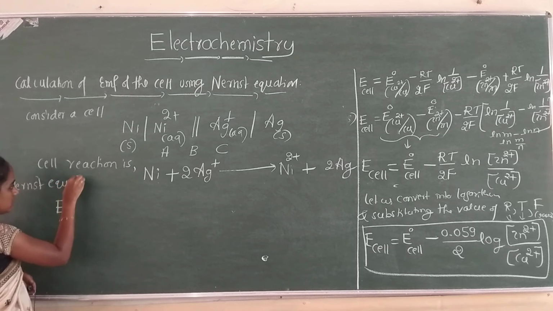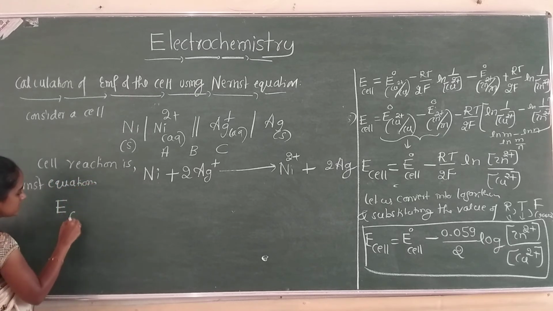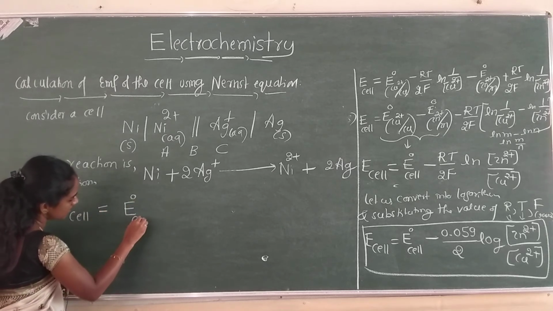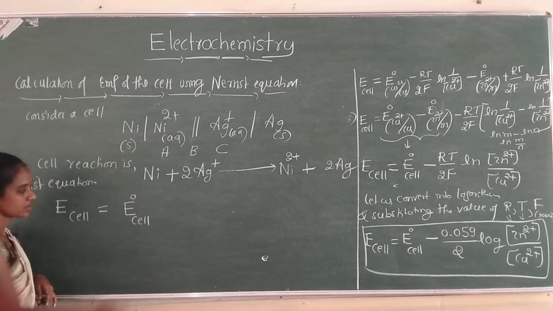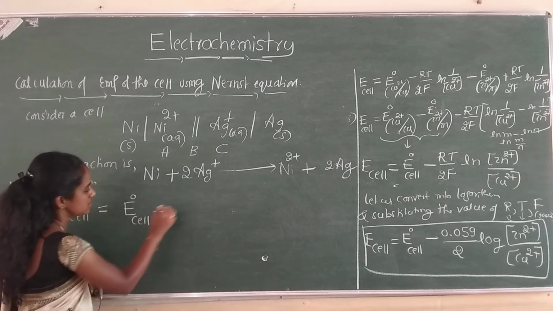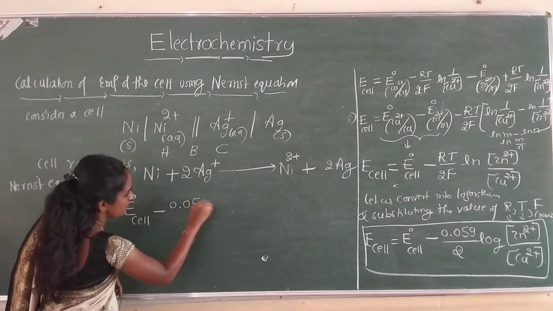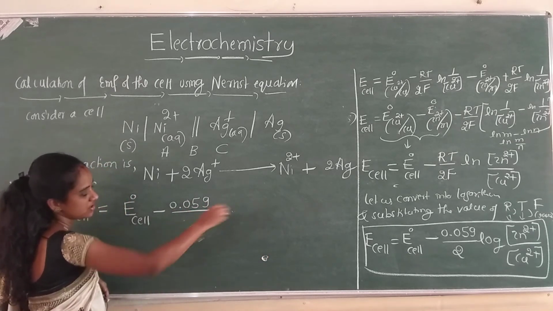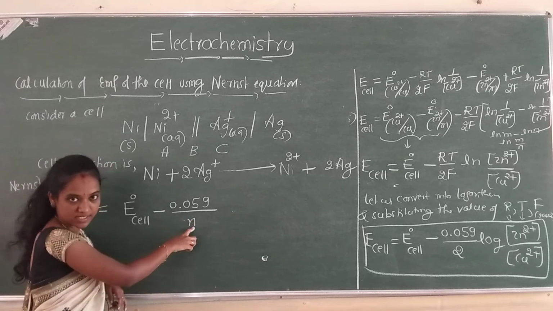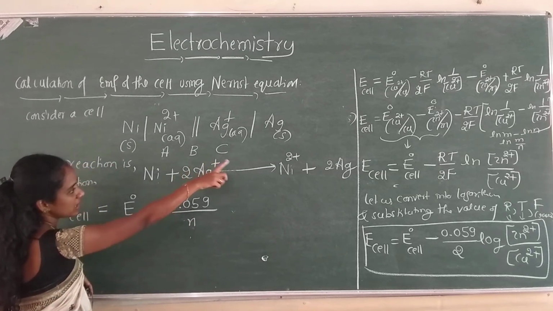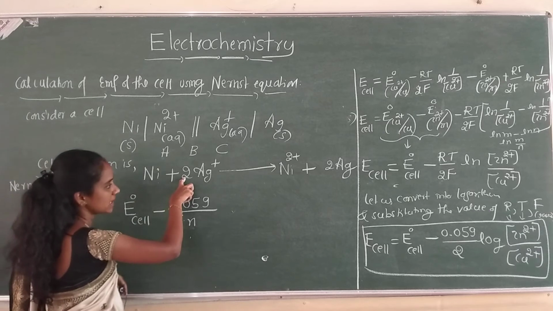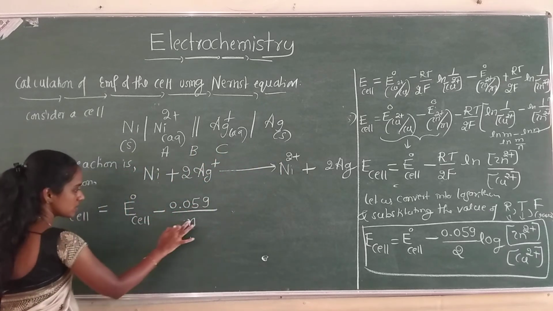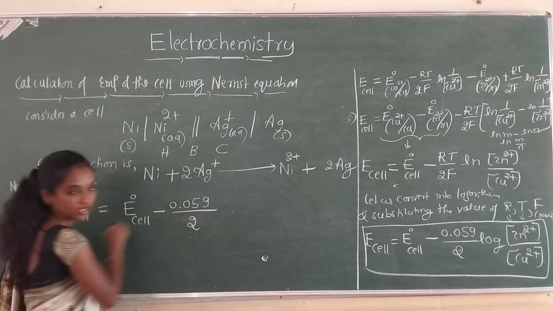Nernst equation: E cell is equal to E naught cell minus 0.059 divided by n. The n is the number of electrons involved in the electrode reaction. For nickel 2 plus, that means there are 2 electrons. So instead of n, I'll write 2 here.